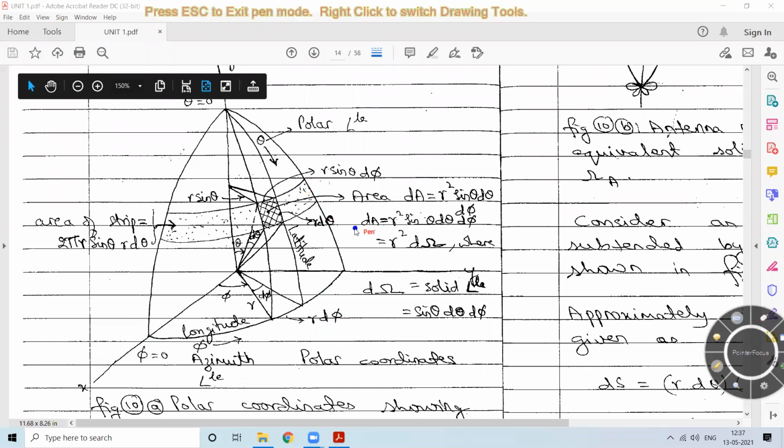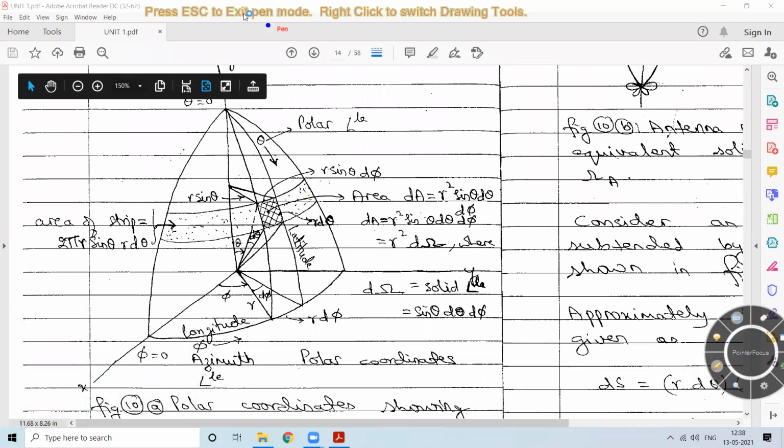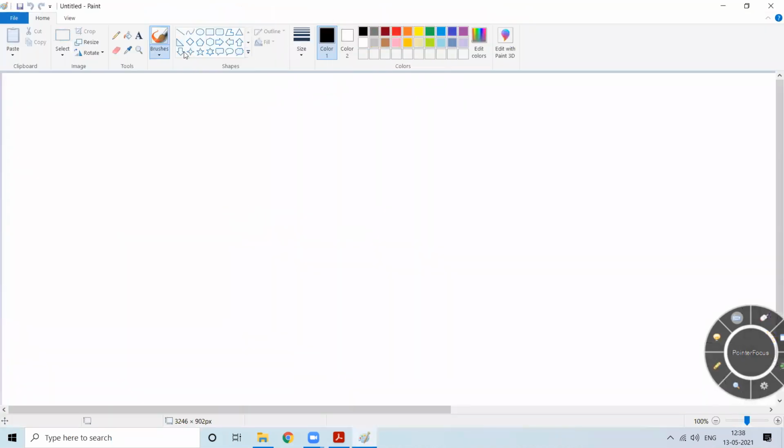So how do I obtain the elemental values? For this purpose, we can consider a cube, and then we can go ahead with the discussion. So how do we obtain these values?